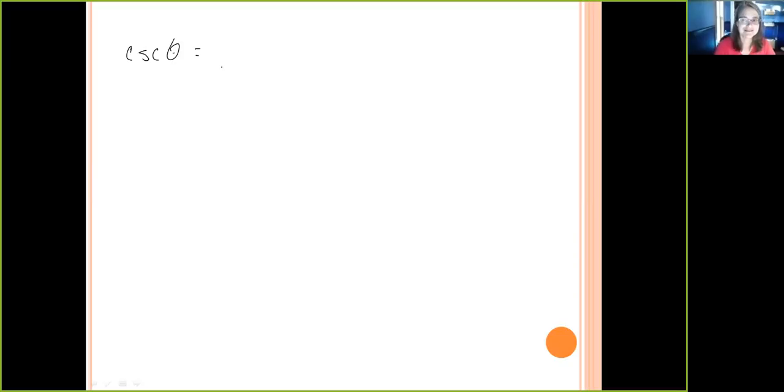Cosecant theta is equal to 1 over sine theta, which means that, like cotangent, this is going to be undefined where sine equals 0.